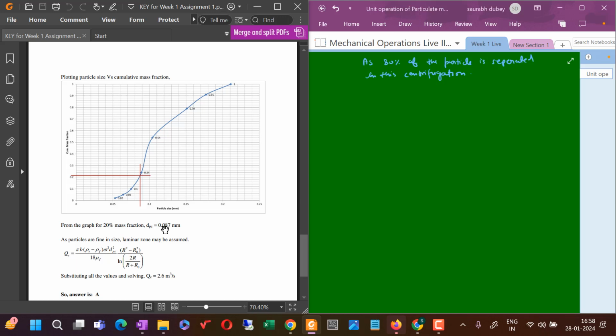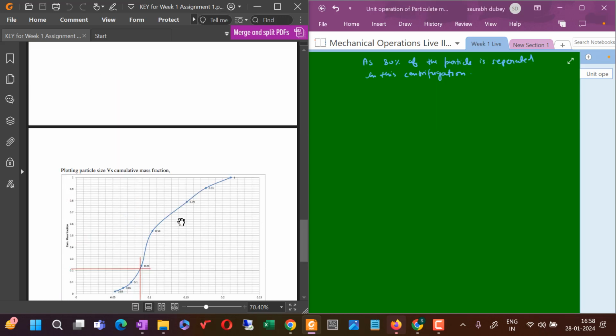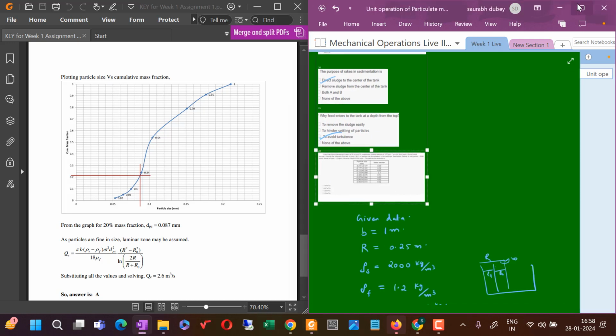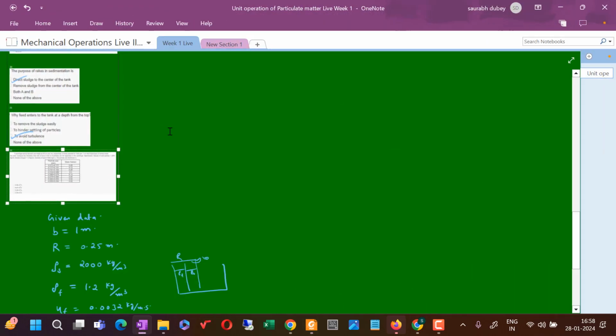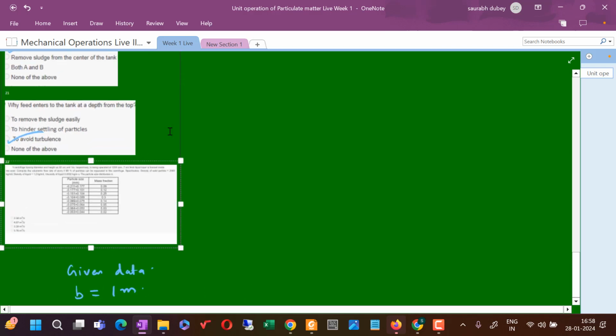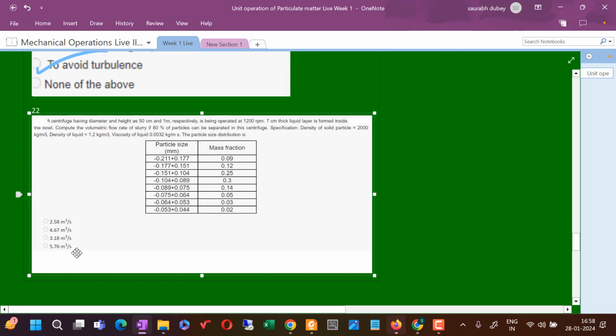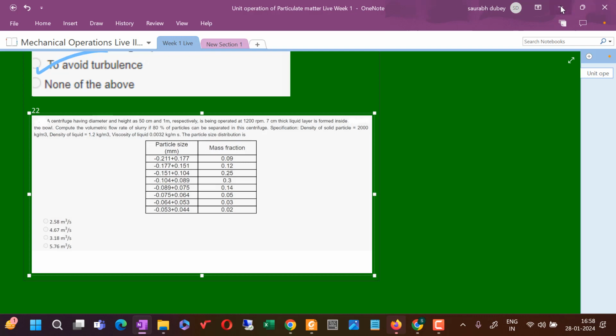That is what is asked in the question: the volumetric flow rate of slurry if 80% of the particles can be separated in this continuous centrifugation process.